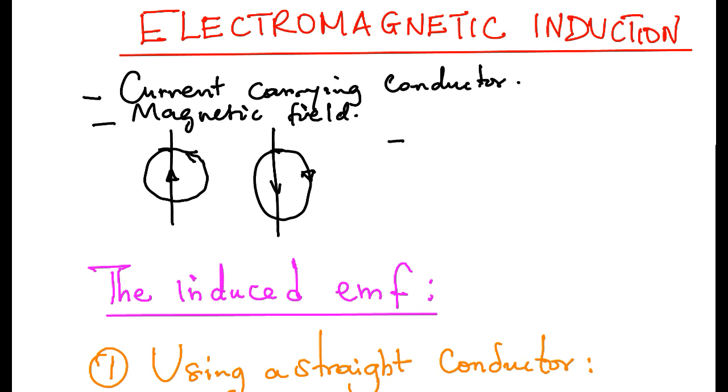In electromagnetic induction, the reverse of what happens here is true. That is, a changing magnetic field induces current in a conductor.